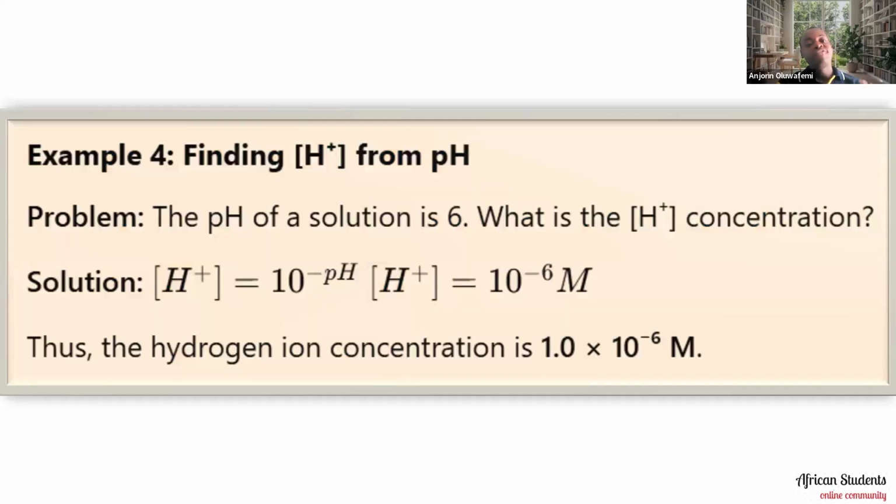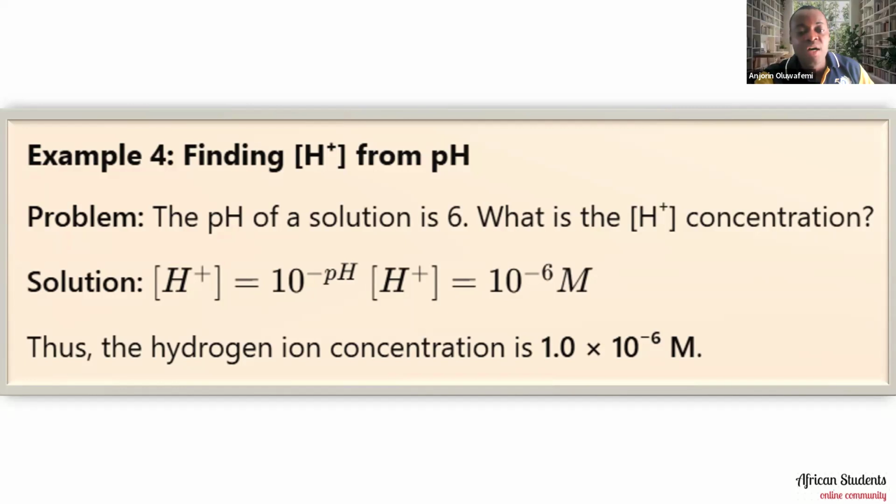Now, how do we find the hydrogen ion concentration from pH? This is another problem we are asked in questions. The pH of a solution is 6. What is the hydrogen ion concentration of that solution? According to the formula we've established, pH is negative log of the hydrogen ion concentration.